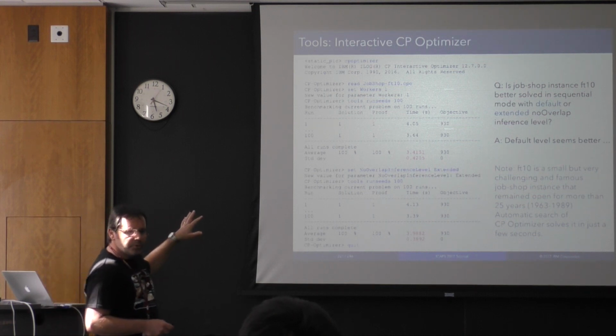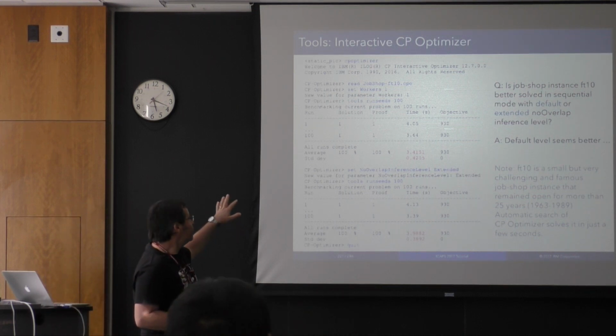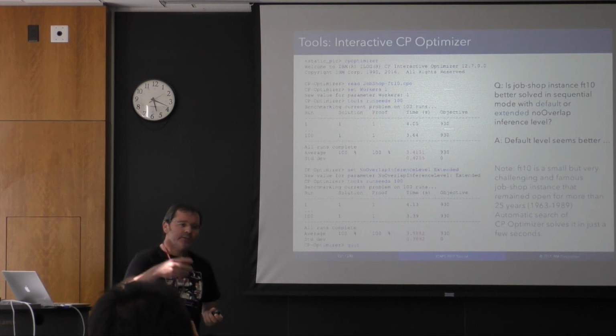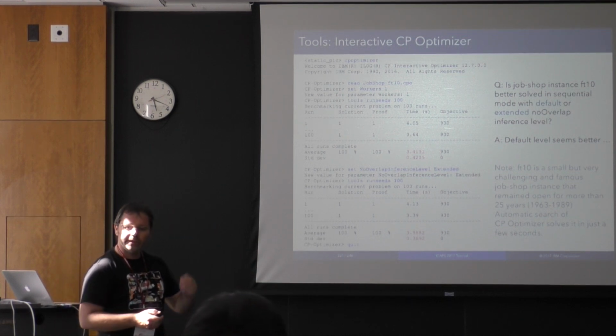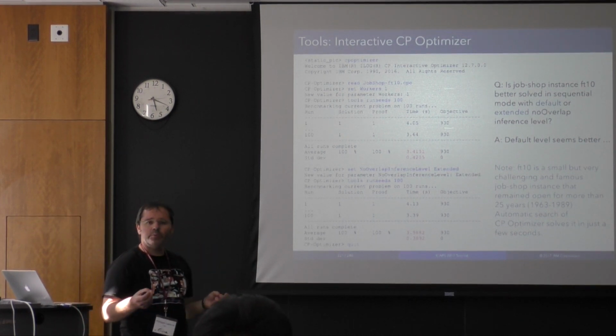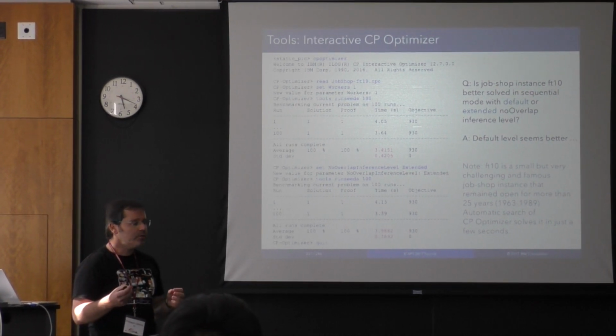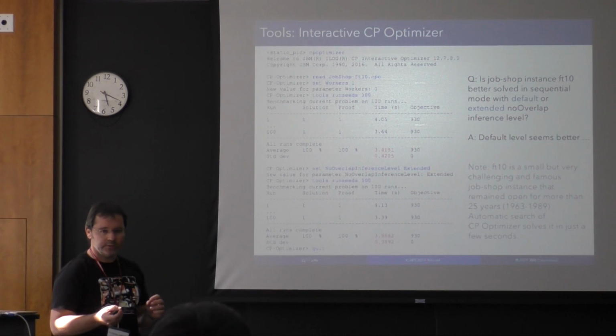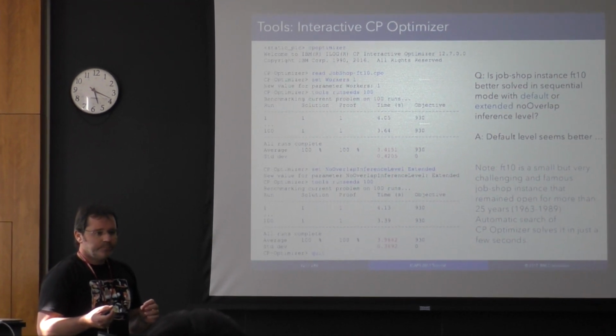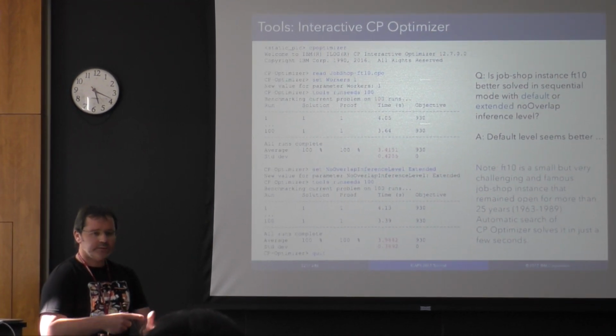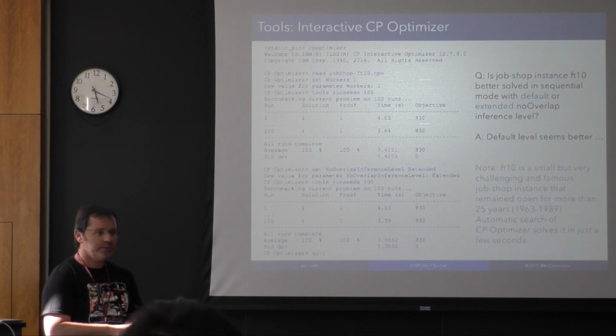Interactive CP Optimizer. I wanted to speak about this interactive CP Optimizer, and it's in relation with the fact that it's important to carefully evaluate, if you have 2 variants of the model, which one is better than the other one. You cannot do that on a single instance with a single run, okay?